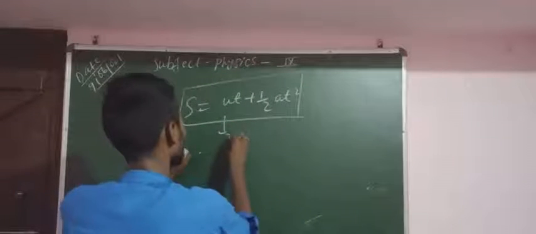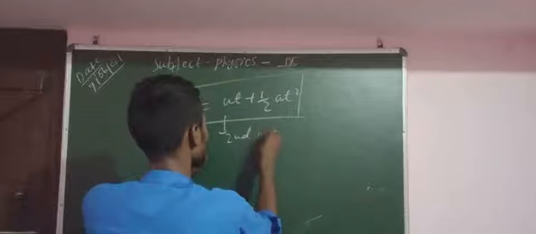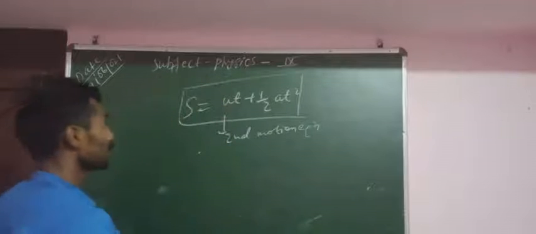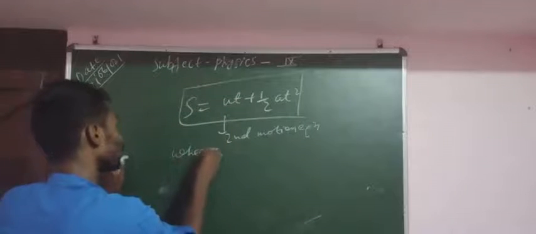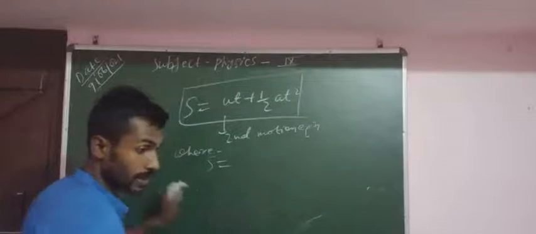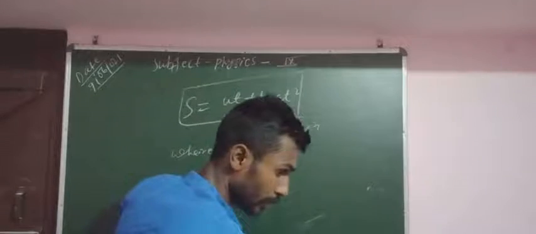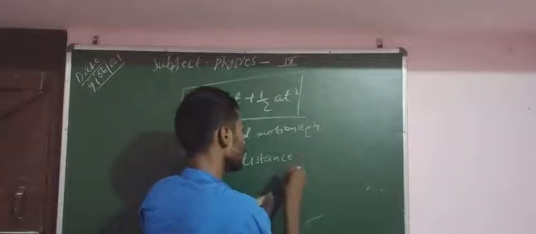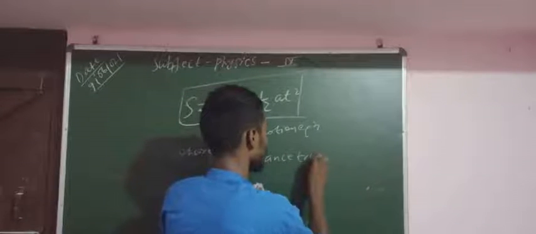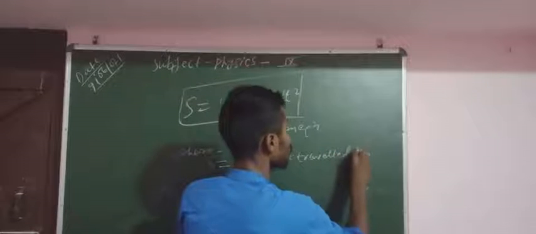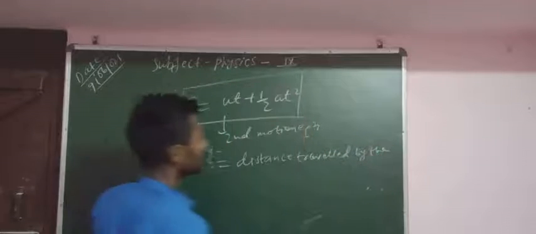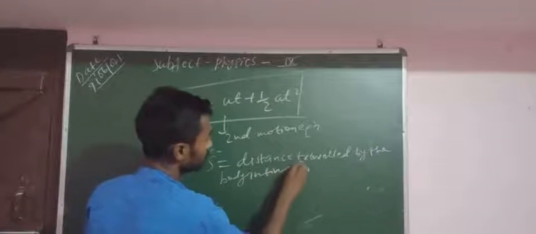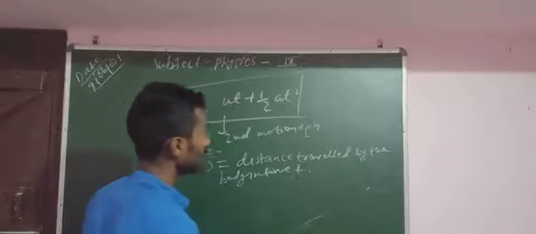This is the second equation of motion, where s is equal to the distance traveled by the body in time t.